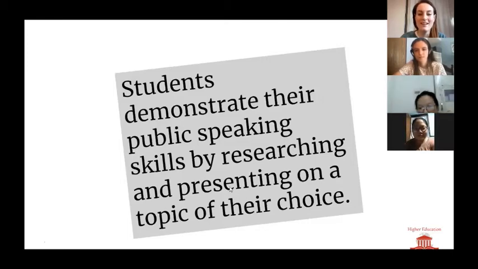Okay, good. If you hit participants along your bar, there's yes, no, go slower, go faster. So hit yes if it's student-centered and no if it is teacher-centered.